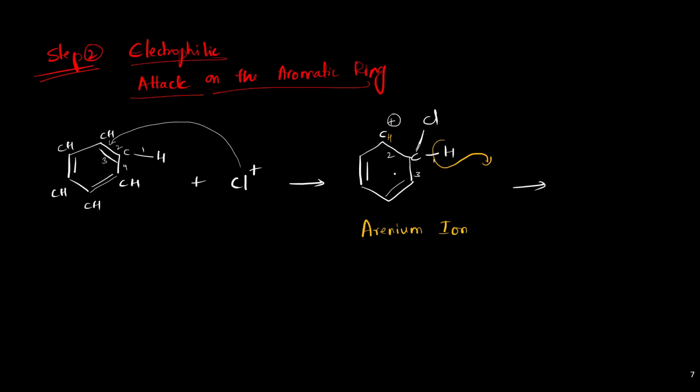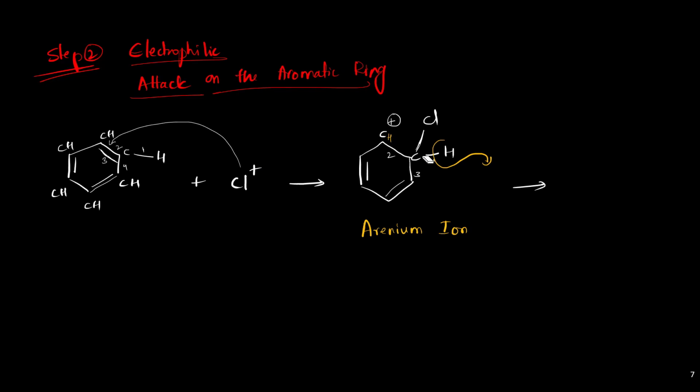Actually, this bond will shuffle like this, and resonance will happen continuously. I am not discussing that. Just here the hydrogen is leaving. So that's why this is called the electrophilic attack on the aromatic ring. That means the chlorine is going to attack the aromatic ring. Whatever double bond is present here, it is breaking that double bond and attaching to one of the carbons.